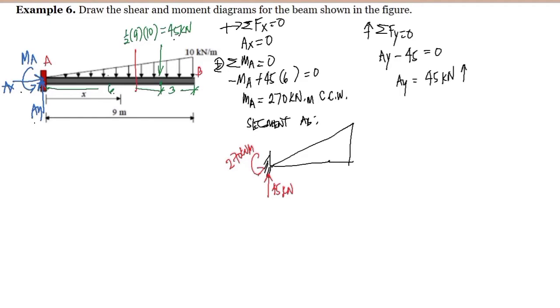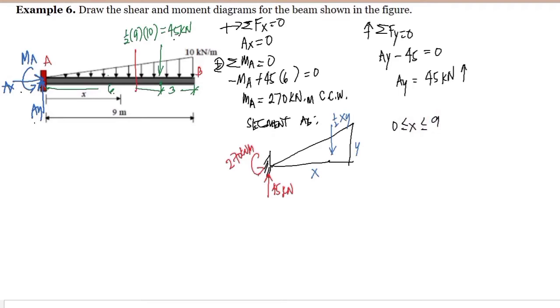Now, if this is distance x, then of course this is y. So we have here the resultant of the load for the segment AB, which is equal to 1/2 xy. This section here is for the limit 0 less than or equal to x less than or equal to 9.